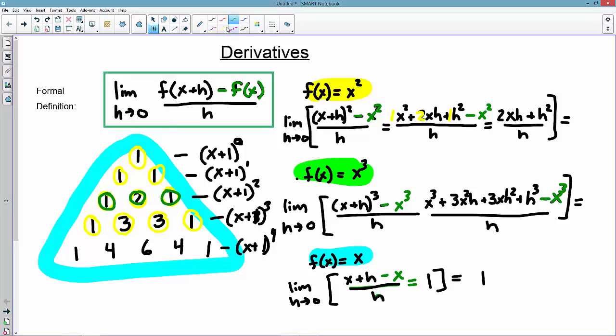And down here in the cubic, let's look at the expansion for x plus h cubed. Look at the triangle, and it's going to be 1, 3, 3, 1. And of course, for the fourth power, it's going to be 1, 4, 6, 4, 1. Fifth power, 1, 5, 10, 10, 5, 1.